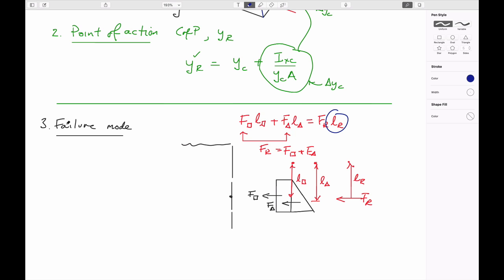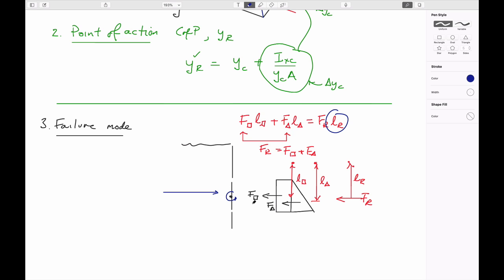So everything that I talked about so far has not really been in failure mode. You could choose to take those moments around any position you wanted to. But if you want to specifically examine whether this gate will open or not, for instance, then you have to take moments around the position that you think it's going to fail. And so the moments in this particular case, as we did in class, have to be taken relative to the pivot.